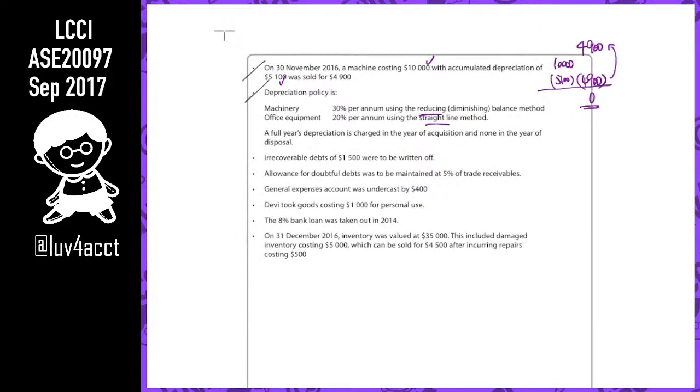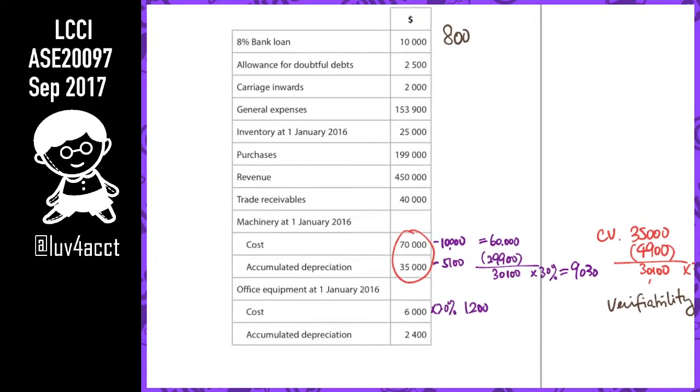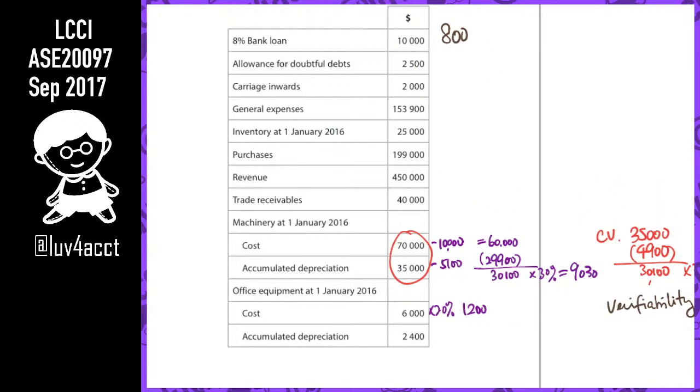Item 3, irrecoverable debt 1,500 to be written off. Allowance for doubtful debt maintained at 5%. Trade receivables, 40,000 minus 1,500, this is your irrecoverable debt, and 5% will be 1,925.